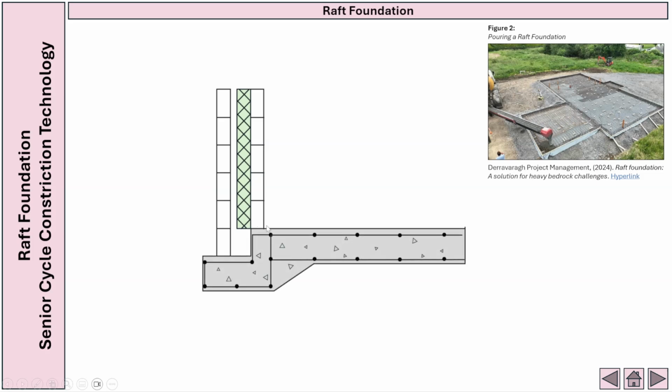The next thing you're going to draw is the raft foundation, and the raft foundation is placed underneath the 350 cavity construction. You can see that the foundation is made of concrete and it is reinforced with steel. Underneath the concrete foundation, we're going to pop in our 40mm of sand blinding, and we can see that it's sand blinding because it's got the dots, and you can dot those on the exam paper or in your sketchbook using the tip of your pencil.